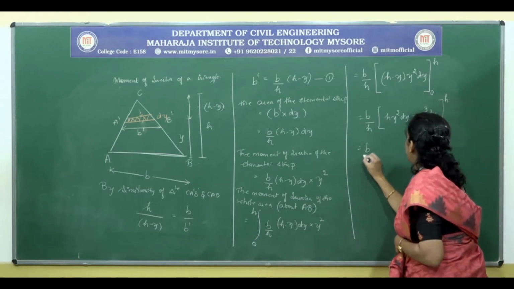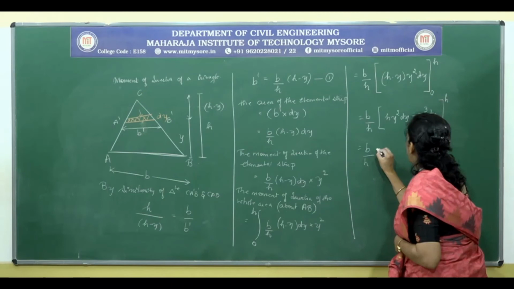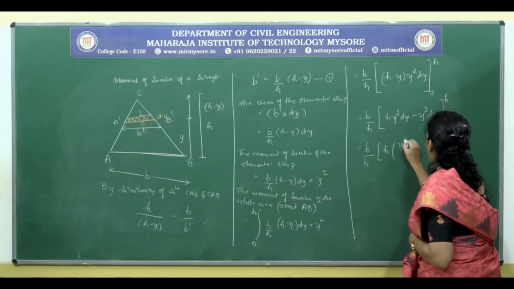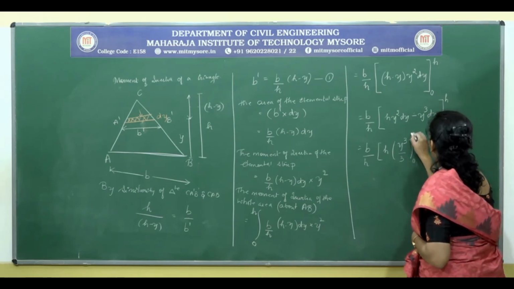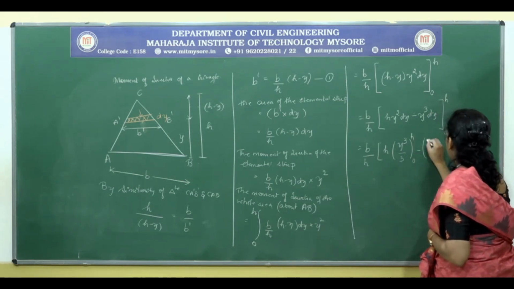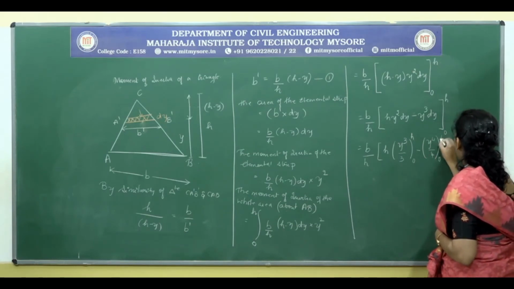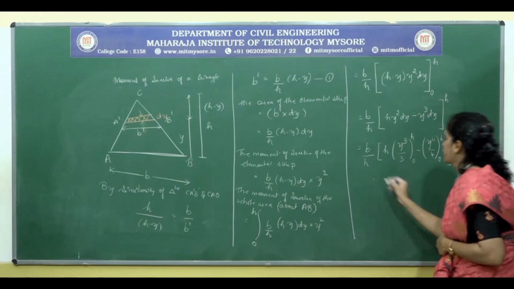So upon integrating, we get y cube by 3 from 0 to h minus y to the power of 4 by 4 from 0 to h.